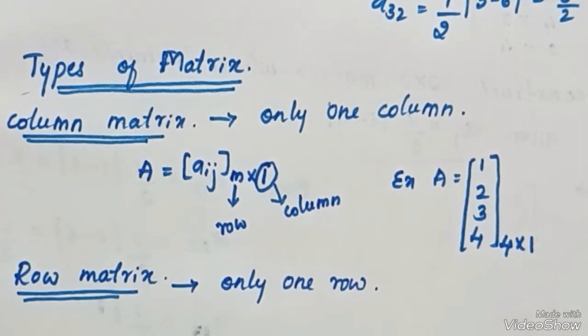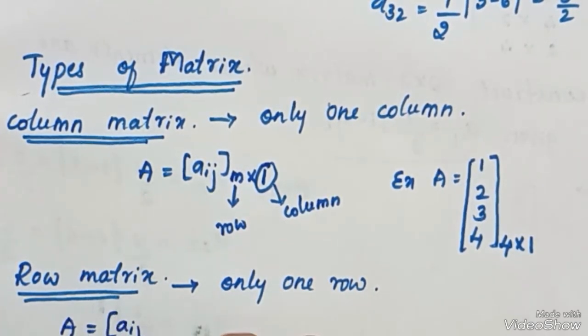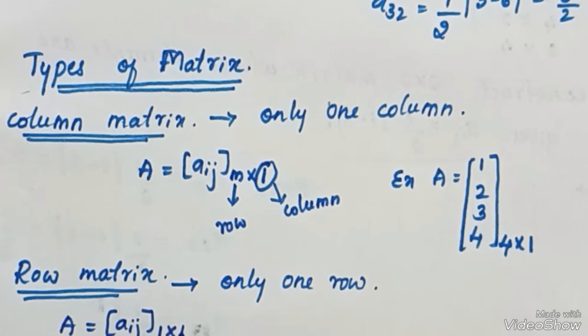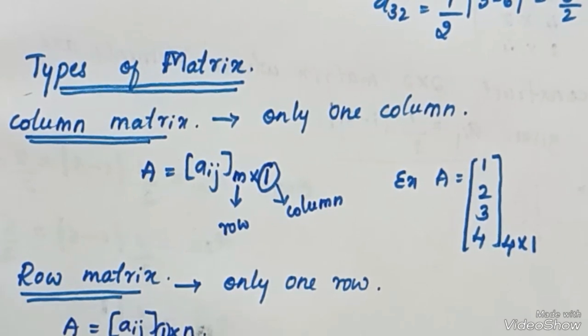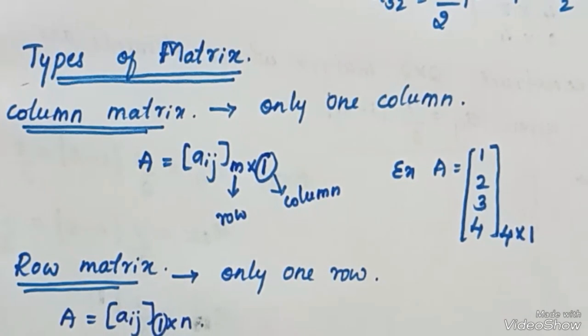Generally, we say that A is equal to Aij, an element of order 1 cross n, so the row should be 1. Taking an example, A is equal to 1, 2, 3, 4. Here it is 1 cross 4. There are 4 elements, so 4 columns and 1 row.